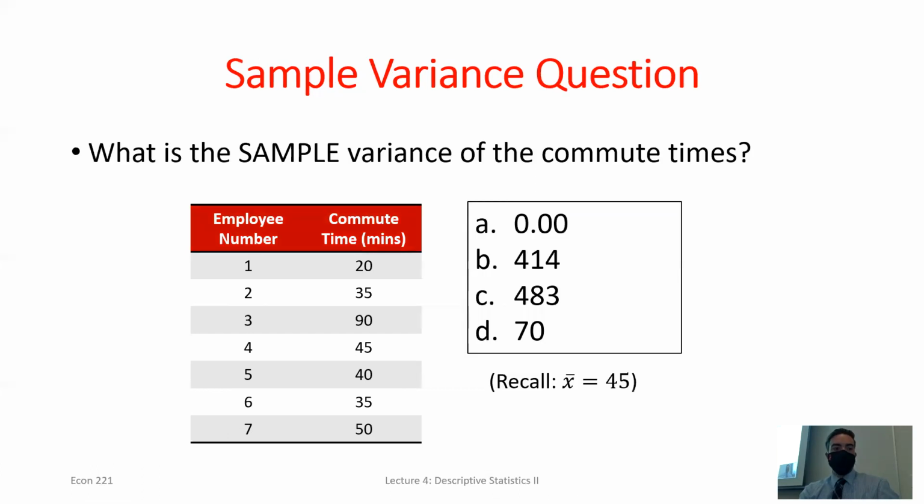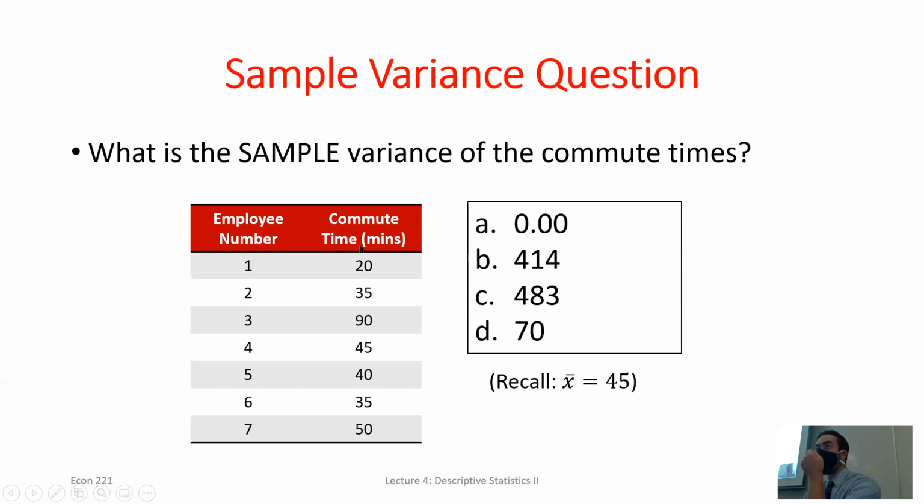All right, let's go to the next slide. What if I came in and said, I thought this commuter time data was population data, but it turns out it's only from one division within that company? So it's actually only a sample of all the people that commute to that building.